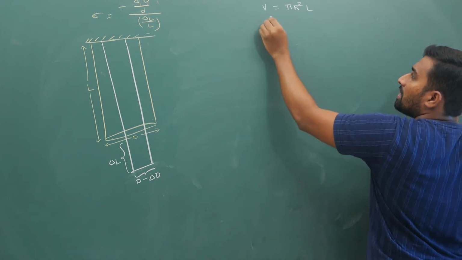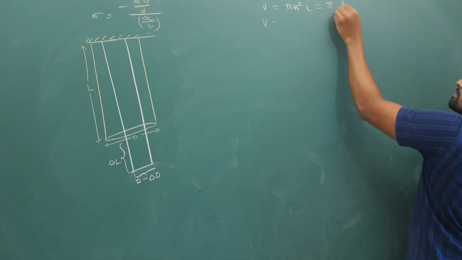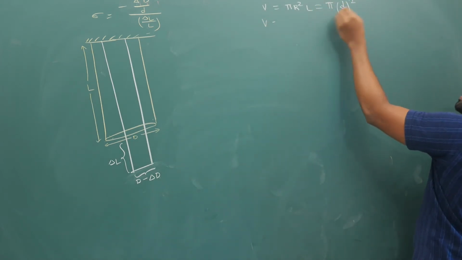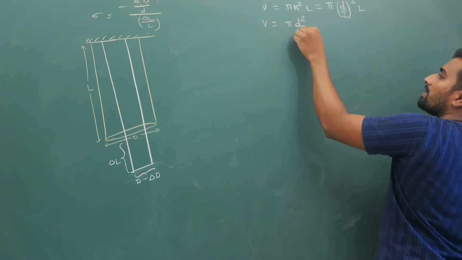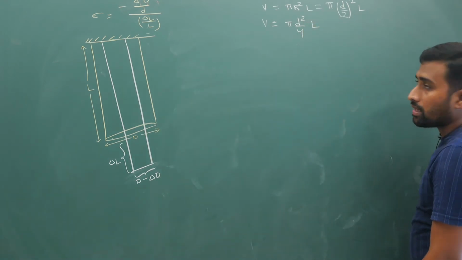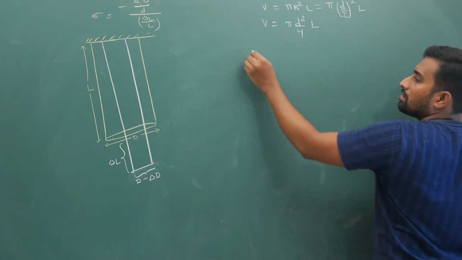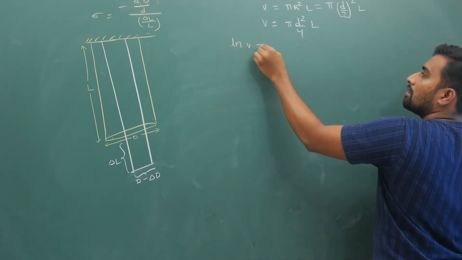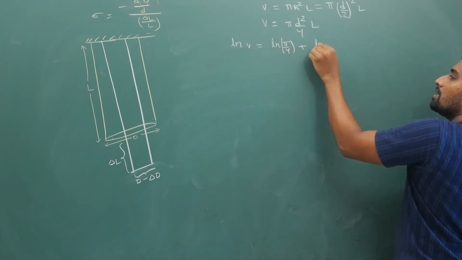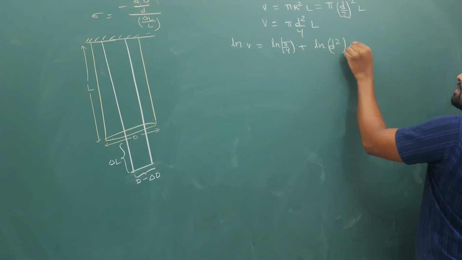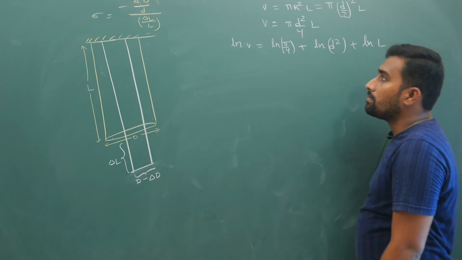Now if I take it in terms of diameter, this will become pi times radius, which is diameter by 2, whole square, into L. So your volume is pi d square by 4 into L. Now if you apply ln on both sides, ln V is equal to ln of pi by 4 plus ln of d square plus ln of L. I am just simply applying logarithm on both sides.